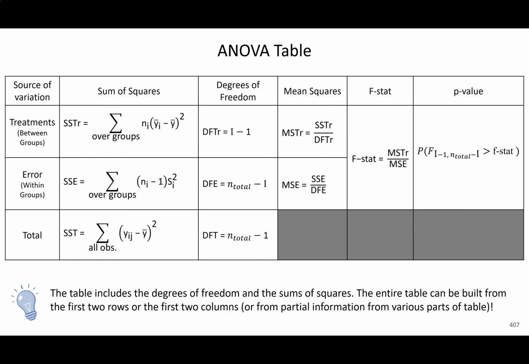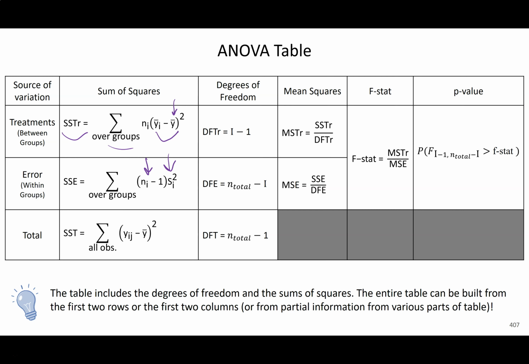So here is a standard ANOVA table. Sum of squares for treatments: we sum over the groups, and we're looking at how different the sample mean for one particular group is from the overall mean. Sum of squares error is saying, how much variability is there within the groups? It's a weighted average.